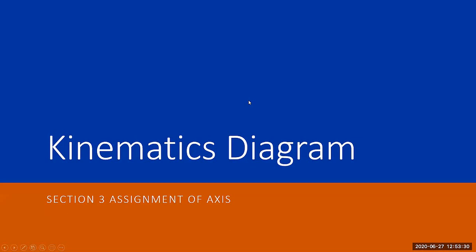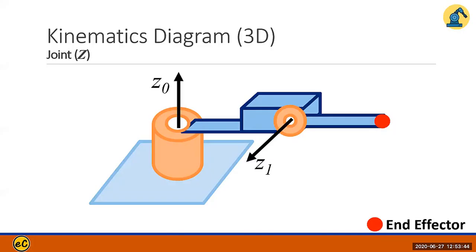So section 3, assignment of axes. In order to study a robot arm, just drawing the diagram is not enough. So now let's look at how to assign the axis to each joint. Here, let's look at the Z axis. The Z direction is related to the rotation.